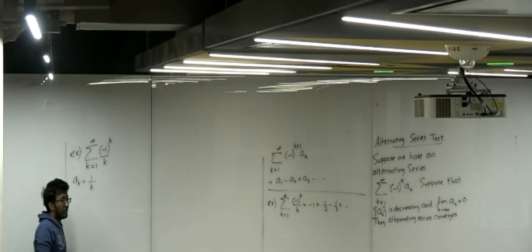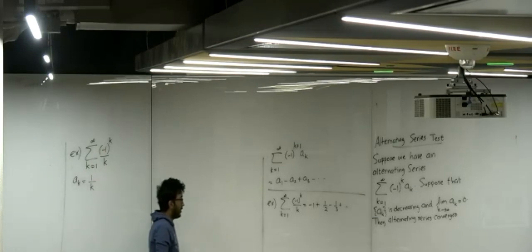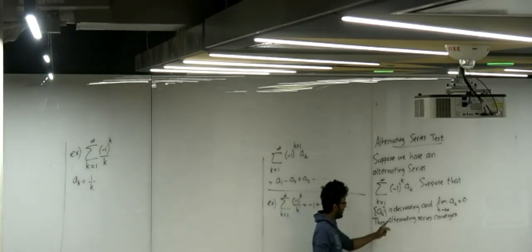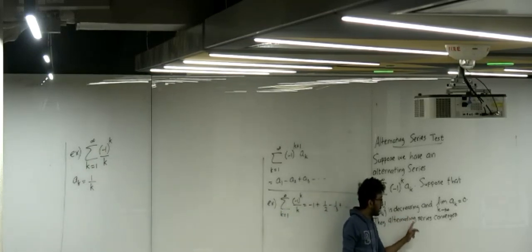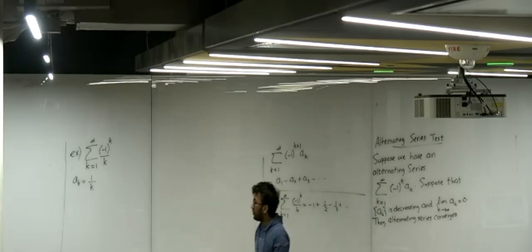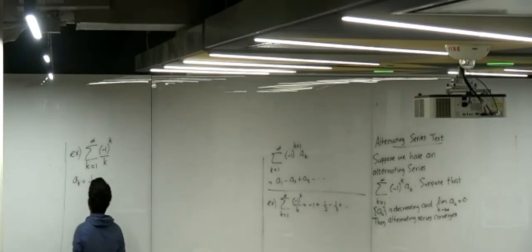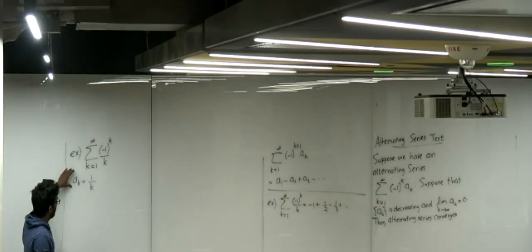Now, we need to consider these two cases. a_k should be a decreasing sequence and the limit of a_k should be 0. Is it increasing or decreasing? It's decreasing.